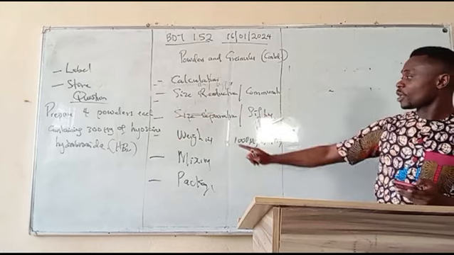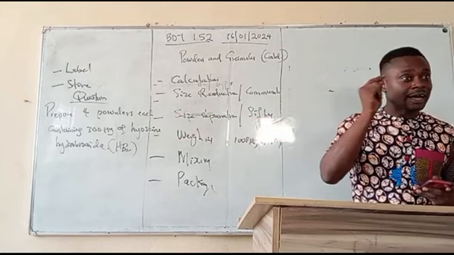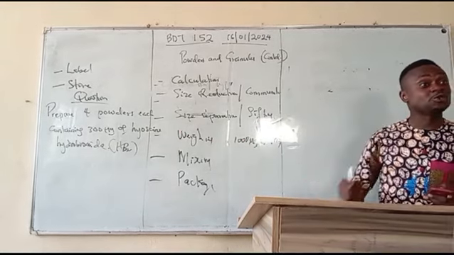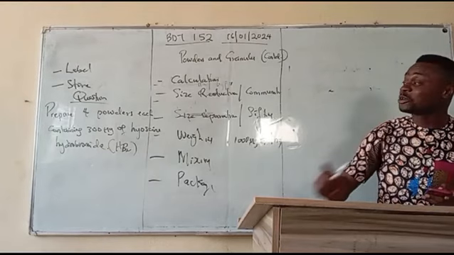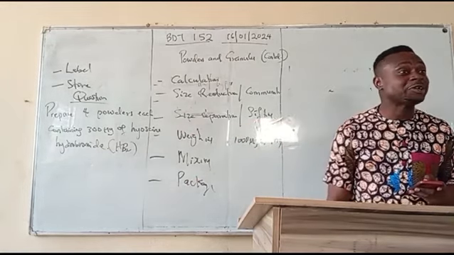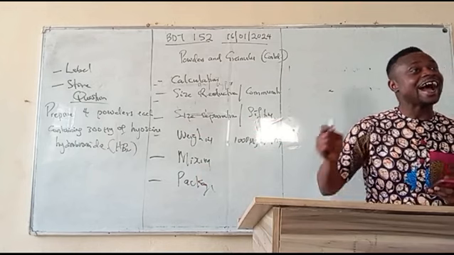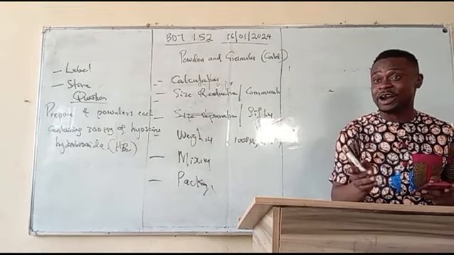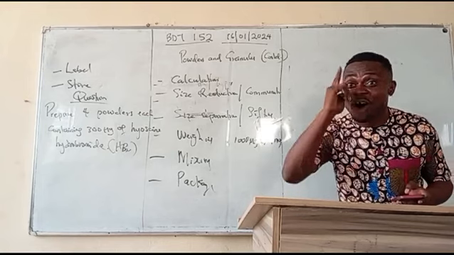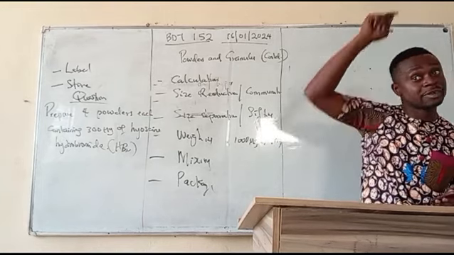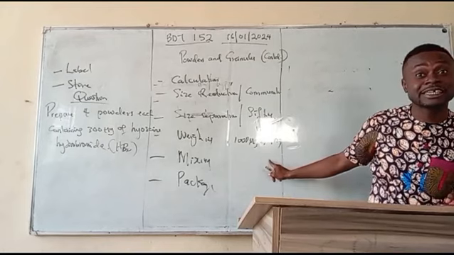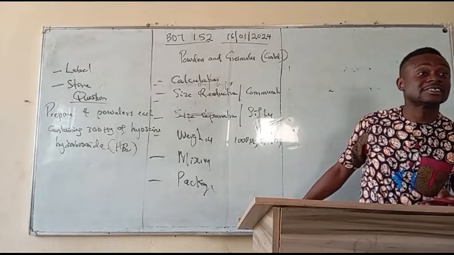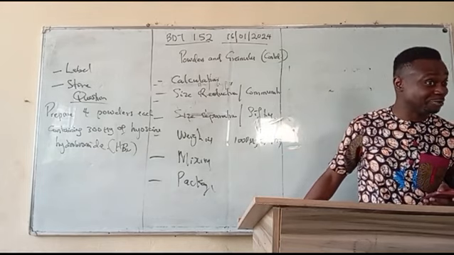Just listen carefully. 1,000 micrograms make 1 milligram. But we are told that each powder will contain 300 micrograms, and the least weight you can weigh without unacceptable error is 100 milligrams. So how many micrograms will that be? 100 times 1,000 is 100,000 micrograms.